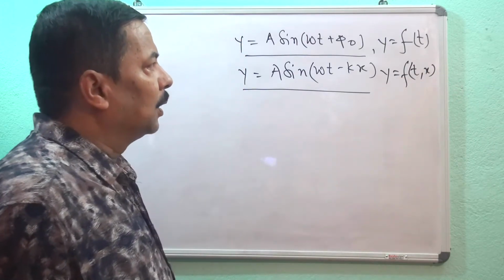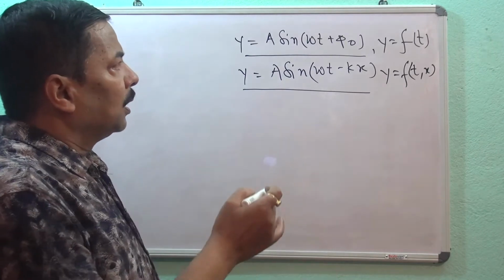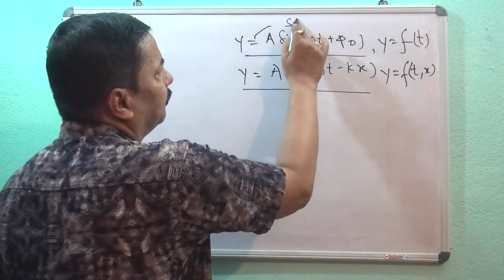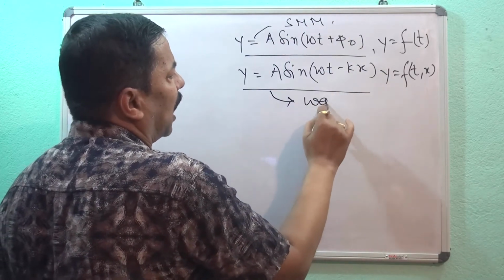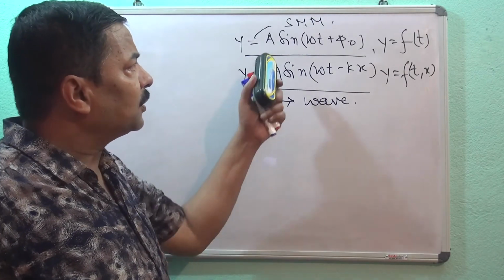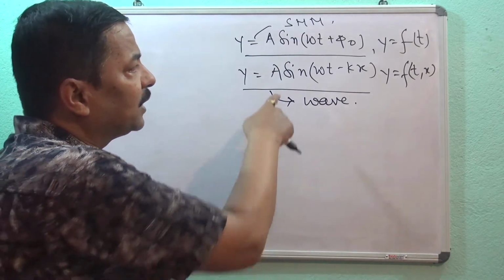Out of the two equations, you know that this is the equation of SHM and this is the equation of wave. I want to describe first the SHM equation, and second the wave equation.